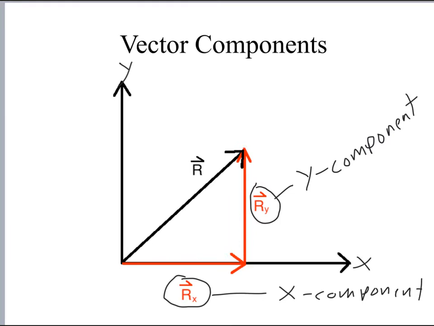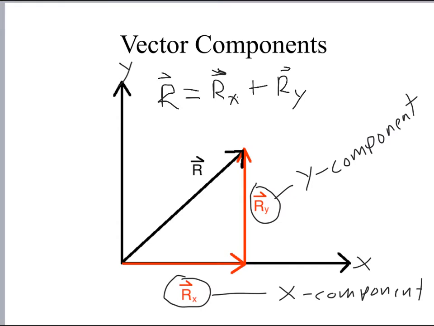Now, what does that mean, x component and y component? Well, component means part, and so this is the part of the r vector that points along the x-axis. And this ry is the part of the r vector that points vertically up, or along the y-axis. So the vector r is simply going to be the sum of its components: r vector equals Rx vector plus Ry vector.